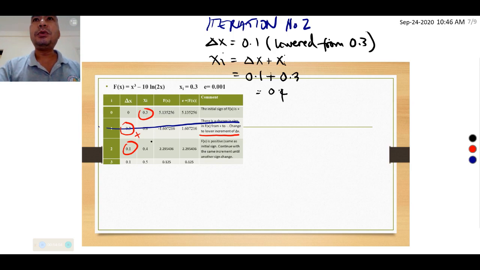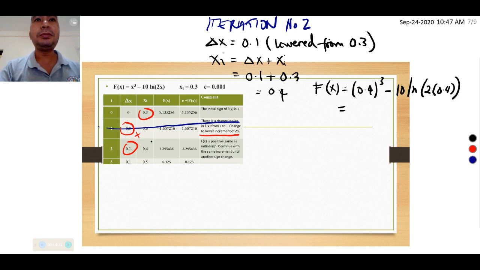0.4 and we will substitute that value. That is equal to 0.4 quantity cube minus 10 times ln of 2 times 0.4. So it will give us how much? 2.2954336.